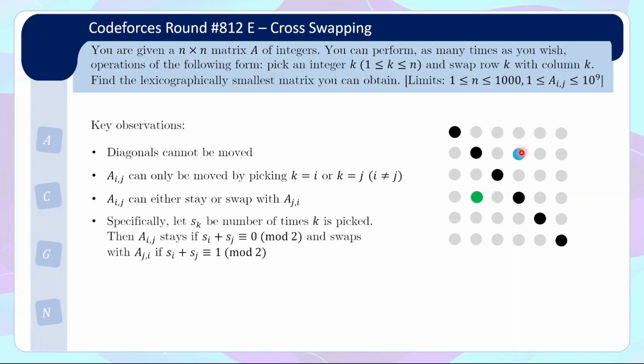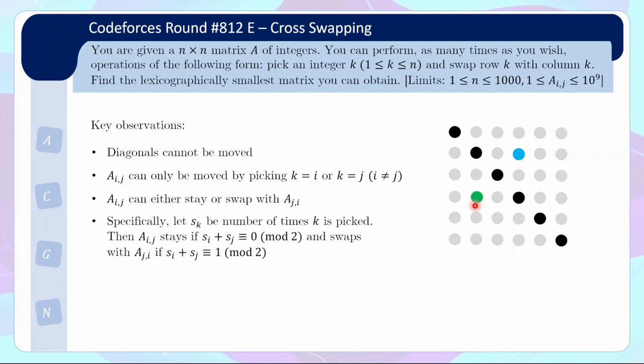And actually we know even more. Let s_k be the number of times the pivot k is picked. Then a_ij will stay where it is if s_i plus s_j is an even number, because you swap over and you swap back. Whereas if s_i plus s_j is an odd number, then in the final configuration it will end up swapped over to a_ji.